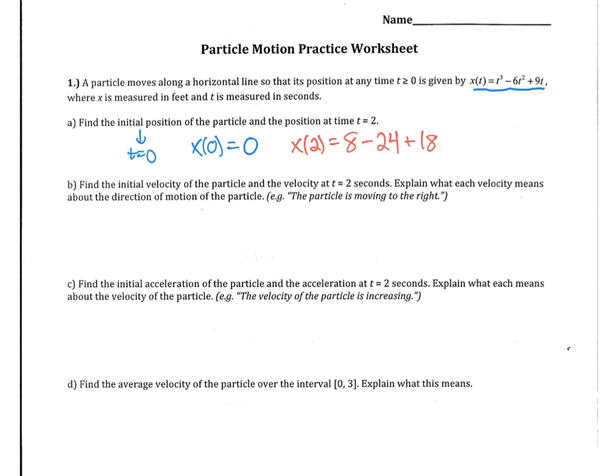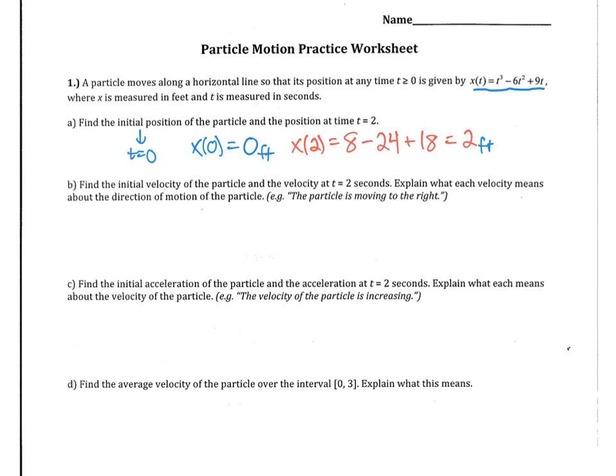So 8 minus 24 is negative 16, and then negative 16 plus 18 is 2. So at time 2, the particle is at position 2 feet. Because I am a detailed person, I like to put the units on these, so 0 feet and 2 feet.